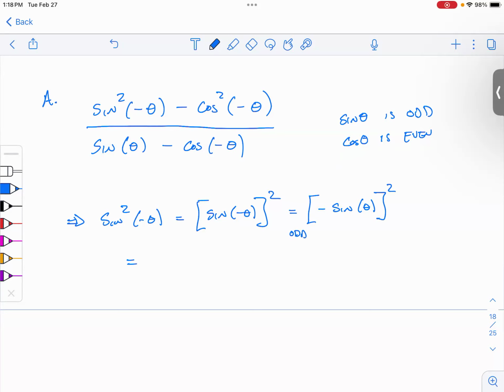But a square of a negative is then positive, which makes this sine theta quantity squared, which I could rewrite as sine squared theta. So it's important to understand what this shorthand notation is, because it's supposed to be cleanly written, so you don't have to write this extra set of brackets and then sine theta quantity squared.